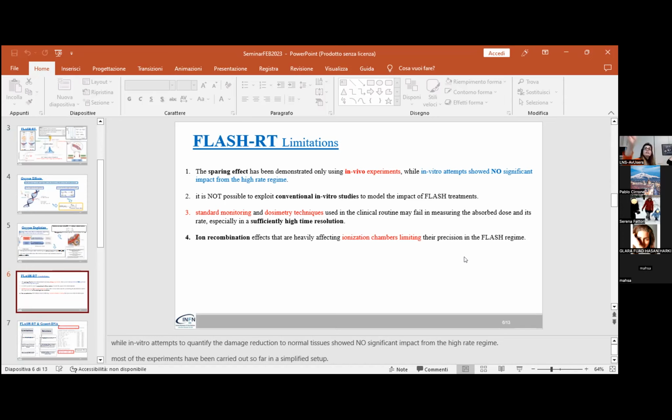And this limitation affects the chambers for measuring the absorbed dose. If we improve this in instruments for the flash regime, of course, we have better results, for example, even in our simulations.